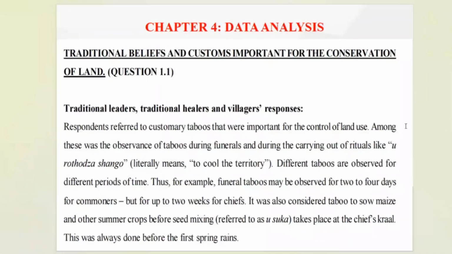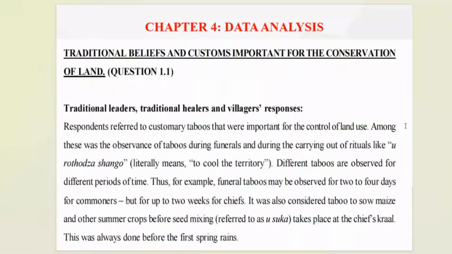It was also considered taboo to sow maize and other summer crops before seed mixing, usuk ambeu, which is a correct literal statement from Chivenda. If usuk ambeu has not taken place at the chief's kraal, it would be taboo to sow maize and other summer crops. This was always done before the first spring rains.